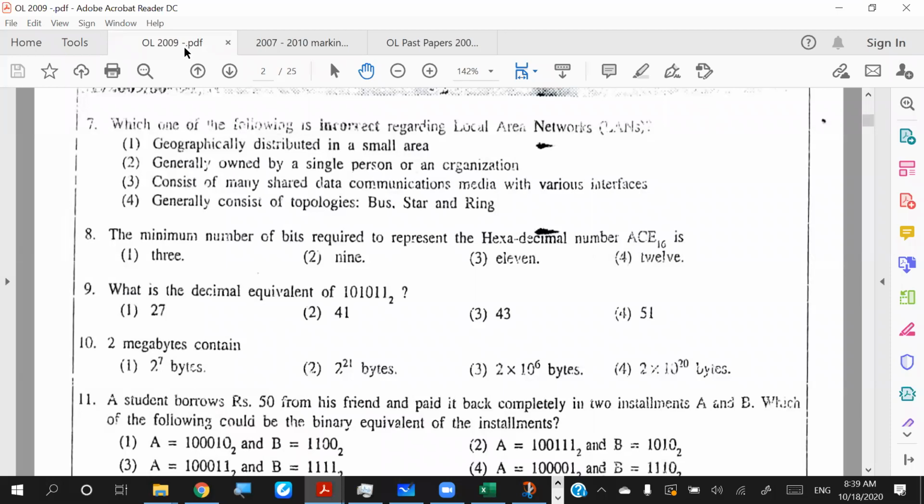Yeah, Himanadi, the correct answer should be the third one, because that is the one which cannot be taken to the LAN. Like it's a remote answer, right?